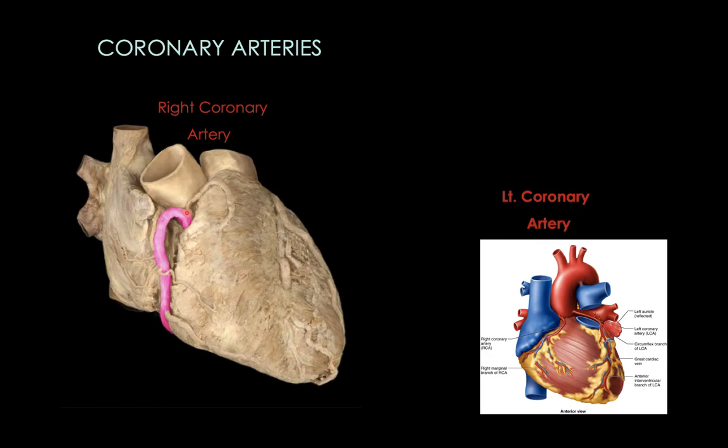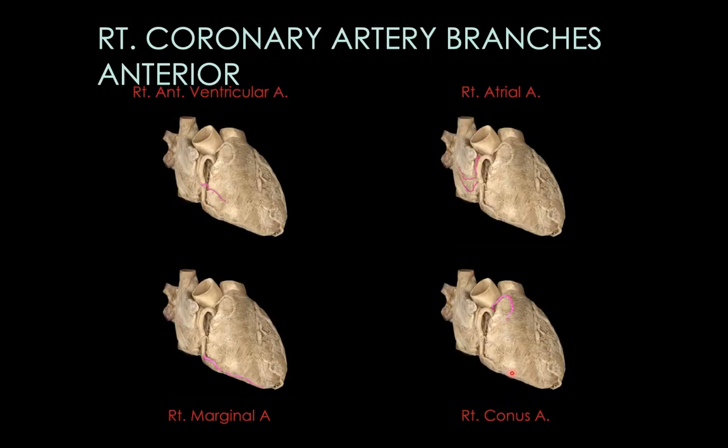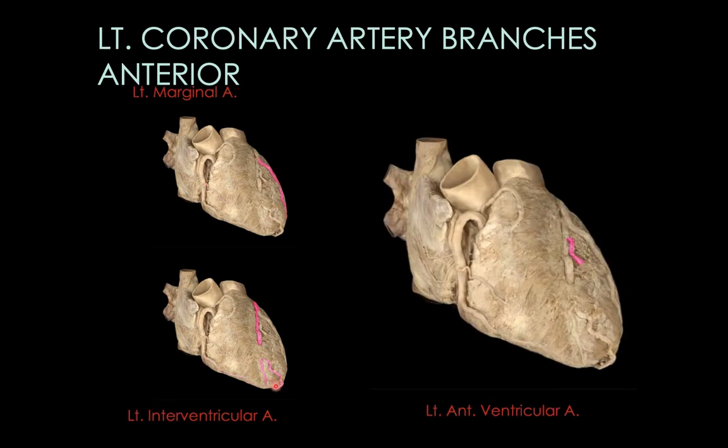So these are some cool pictures. The right coronary artery, you can see that right there. Hopefully we get to see these in our dissection. So this is the right coronary artery, and you're looking at some of the different arteries that branch off of it.